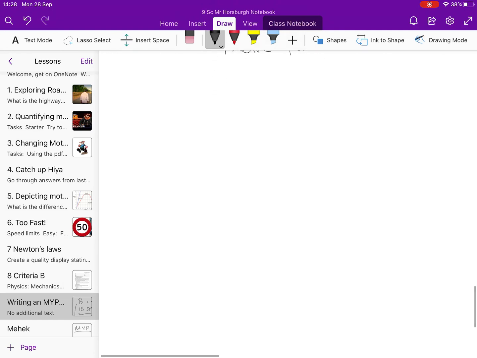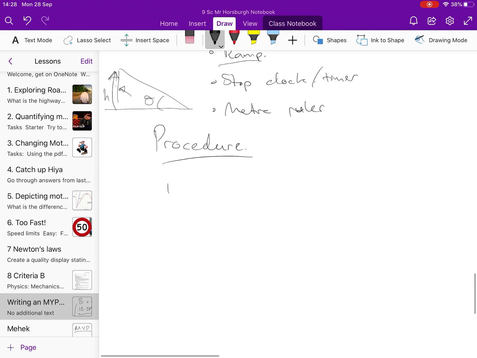Then we're going to do the method itself, so the procedure. Now, there's two schools of thought here: you can do a step-by-step recipe type approach, or better is to write a description of what it does. For like proper, I remember at university it always had to be third person, past tense.